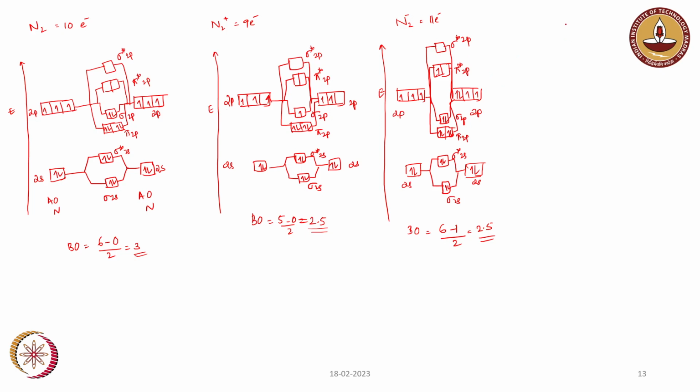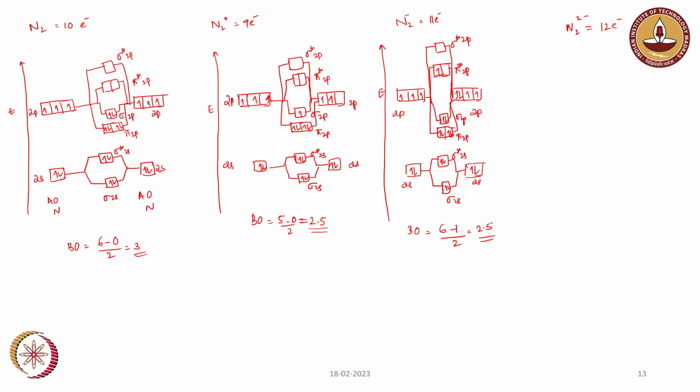And the next one is N2 2 minus. It will have the same molecular orbitals as N2 minus and 1 electron extra. So it will be 12 electrons.